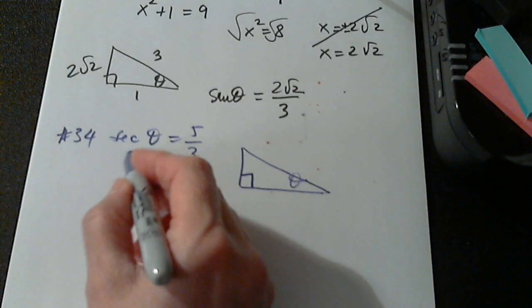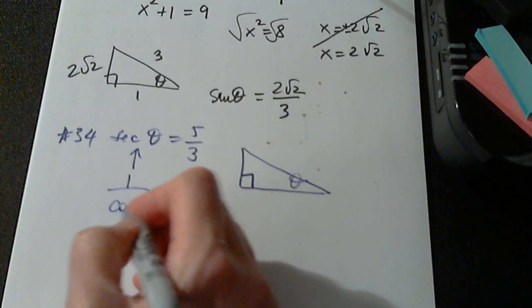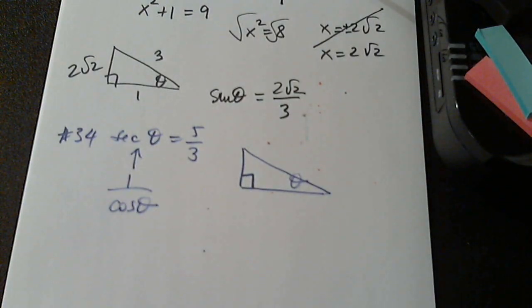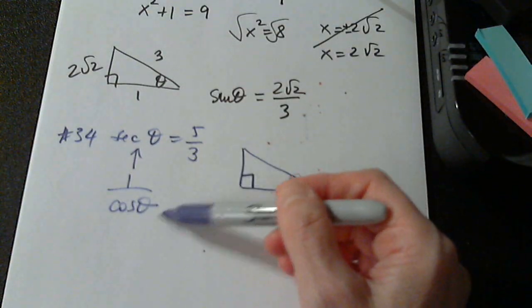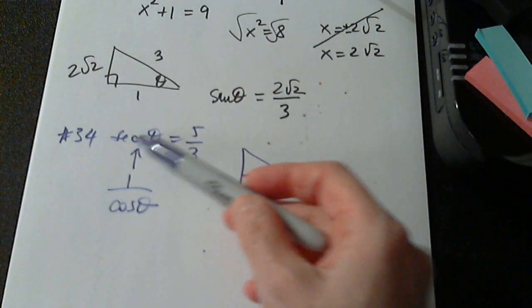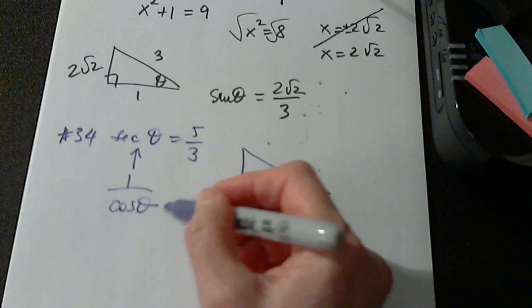Remember that this is 1 over cosine. 5 would be the hypotenuse. So cosine, if secant is 5/3, will be 3/5.